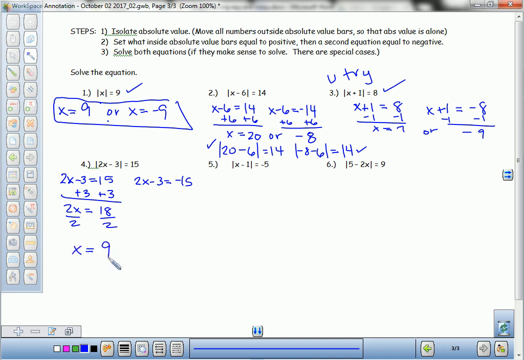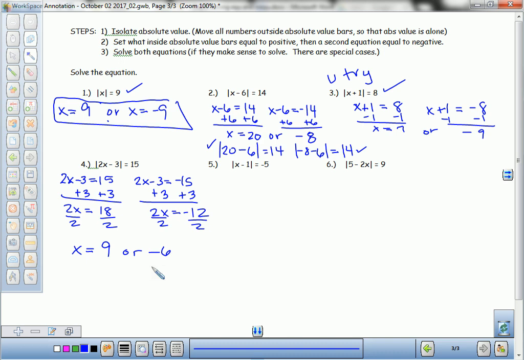So we get x equals 9, or x equals negative 6, because when we divide negative 12 by 2, we get negative 6. All right, does that make sense when you just have the absolute value?